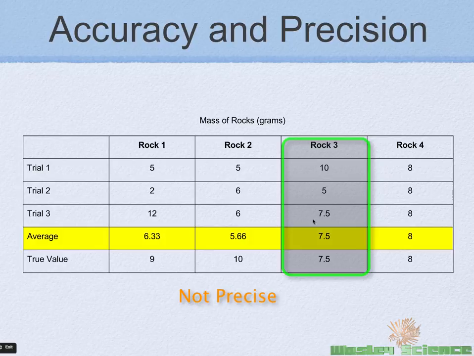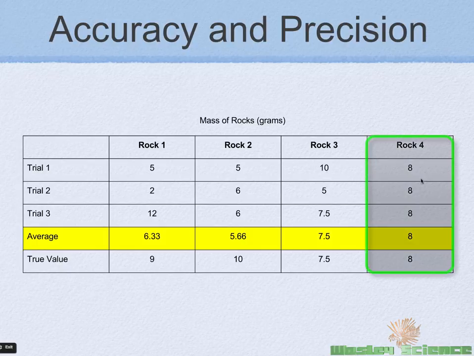But when you take the average of the 3 and then you get 7.5, and if you compare it to the true value, it is actually 7.5. So with this rock, they were actually accurate but not precise. And then if we look at rock 4, 8, 8, 8, average 8, true value 8. So rock 4 is accurate and precise.